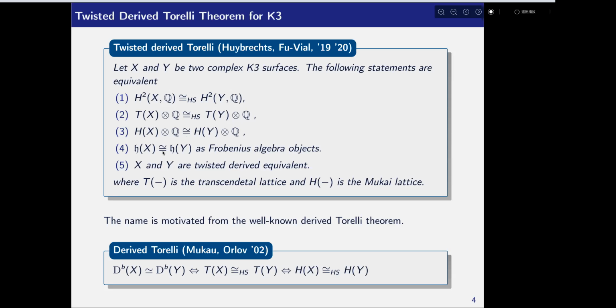And the fourth one is that we have an isomorphism of the Chow motifs, which is also an isomorphism of Frobenius algebras. Basically, Frobenius algebra just means this is an isomorphism and also multiplicative. And the last one: the previous four conditions are all equivalent to the last one, twisted derived equivalence, defined by Huybrechts. Sorry, for the fourth statement, is the Chow motif defined over Q? Yes, over Q. Thank you.